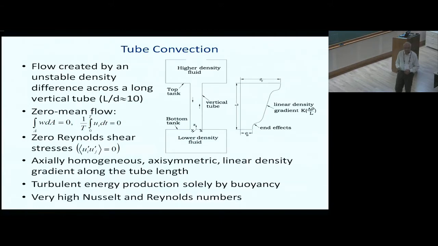Unlike in Rayleigh Bernard convection, where it is almost isothermal, here you get a linear density gradient necessarily because it's a long tube and you're imposing two different densities here. And of course, as I mentioned, you get very high Nusselt and Reynolds numbers. And the turbulent energy production is entirely by buoyancy.